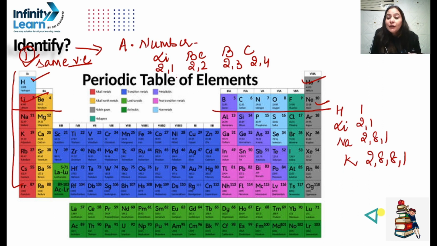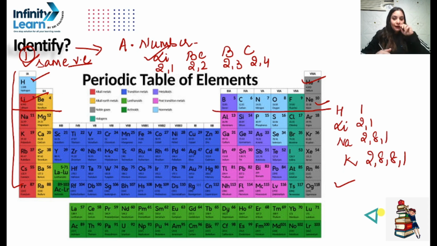And if you see their electronic configuration, you can very well notice that the number of shells remains the same, but every time a new electron is added into the same shell. So this periodicity we can see in the periodic table, and it is responsible for the periodicity in properties also.